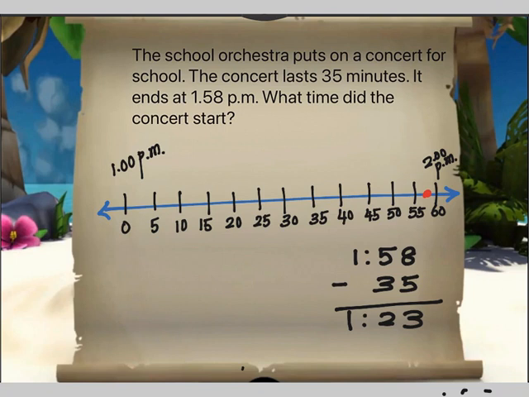So the concert must have started at 1:23. Where is 1:23? We know this is 1, and 23 minutes must be right over here. So 1:23 is right there. And the concert lasted for 35 minutes.